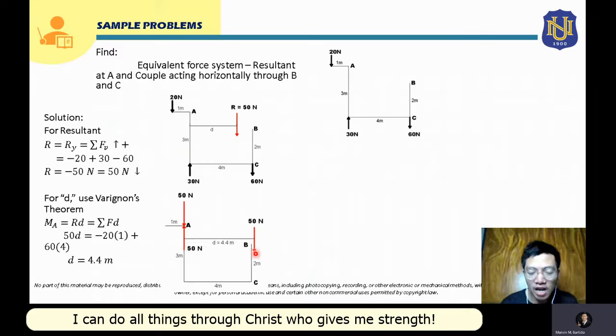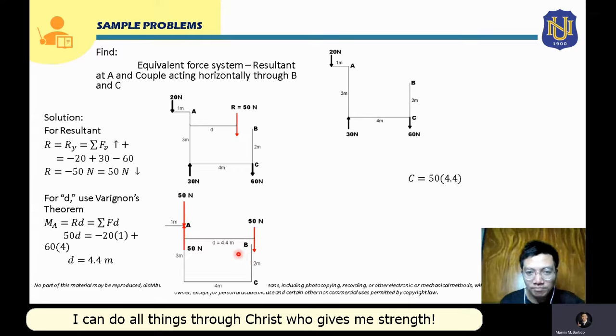From here, what we're going to do is transfer this 50 Newton resultant to point A. If we transfer this here, to maintain our system, we have to add a force that has equal magnitude as the resultant and opposite direction, and it should be collinear. So we will add this 50 Newton force upward. This 50 Newton force upward and this 50 Newton resultant that is downward will constitute a couple.